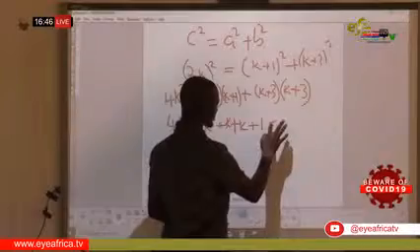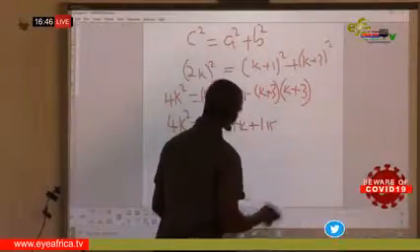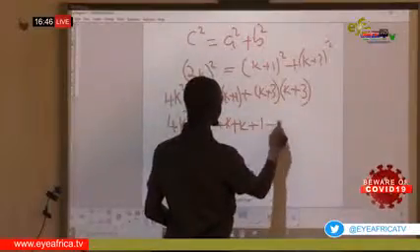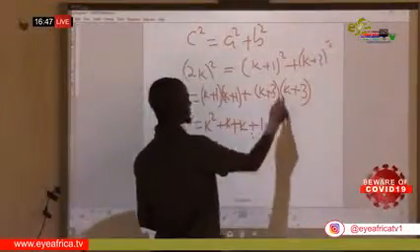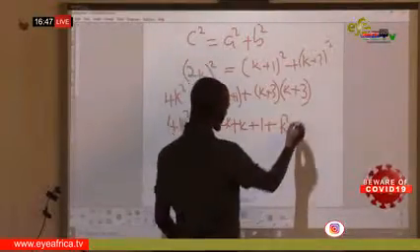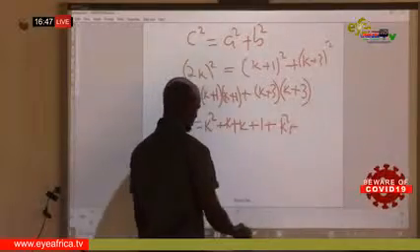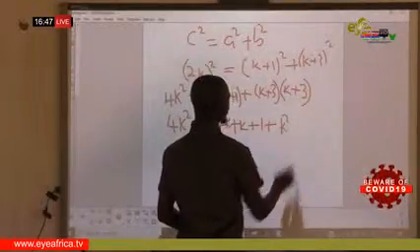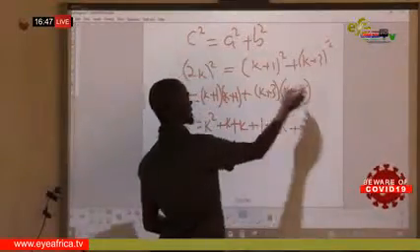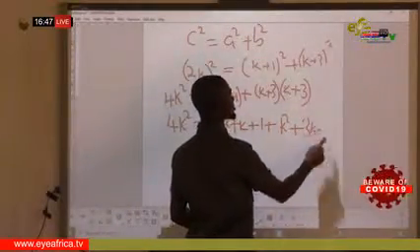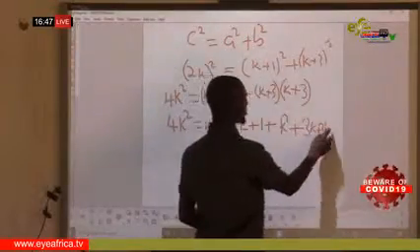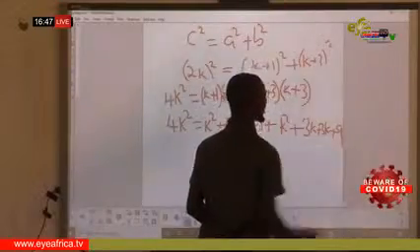Then plus k times k is also k square, plus k square plus k times 3 is 3k, plus 3k, that is k times 3 times k, then plus 3 times 3 is 9.